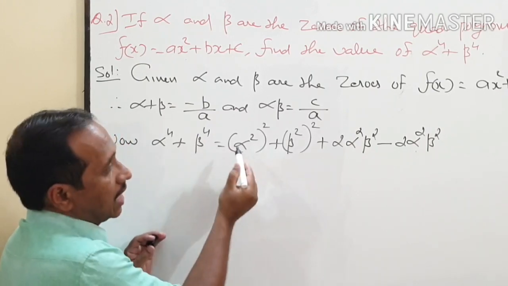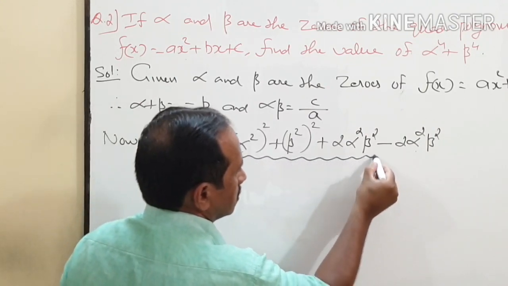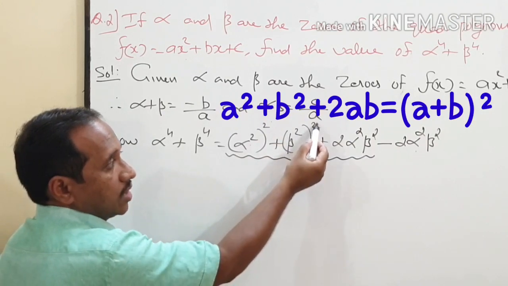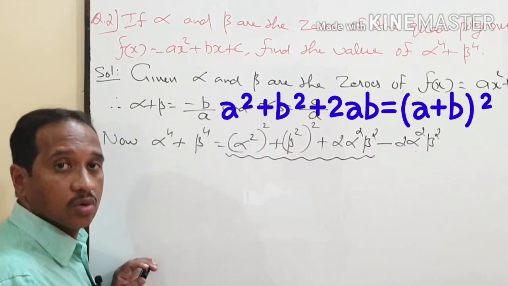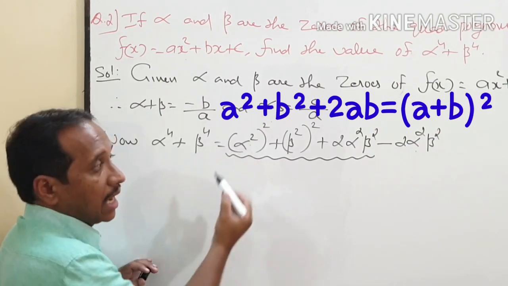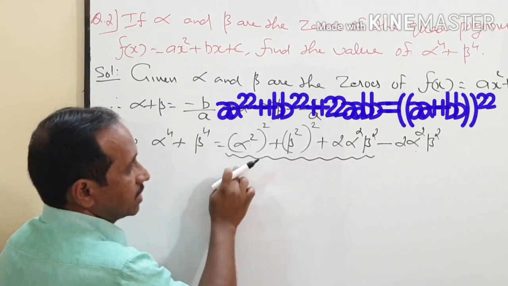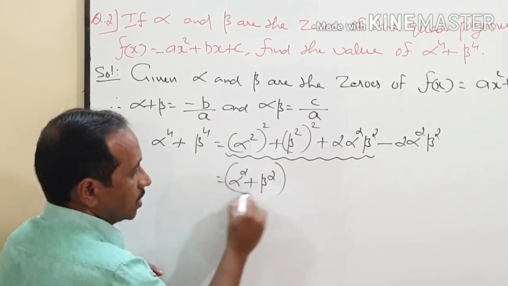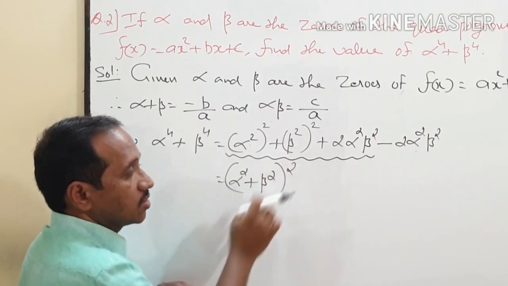As a result, I am getting this expression in the form of a square plus b square plus 2ab, which is a plus b the whole square. In place of a we have alpha square, and in place of b we have beta square. So this expression can be written as alpha square plus beta square the whole square.